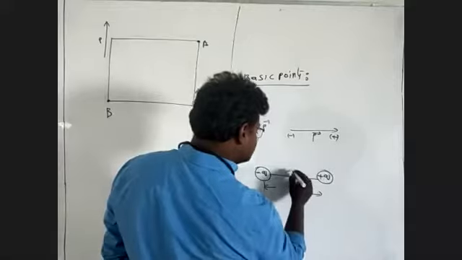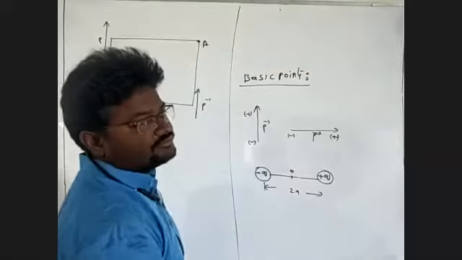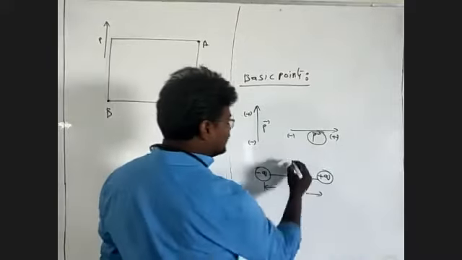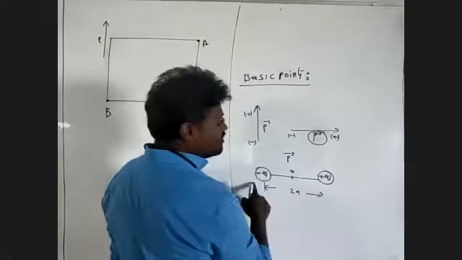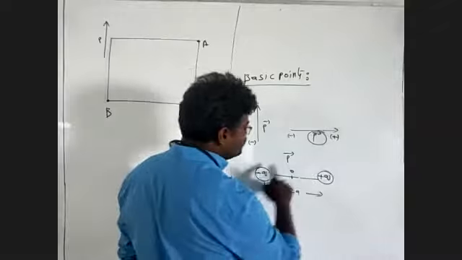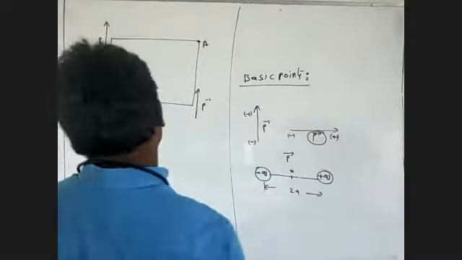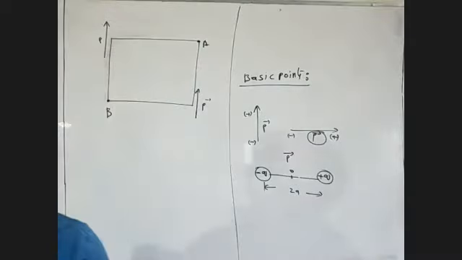This is the center of the dipole. P bar is the electric dipole, and its direction is from negative to positive. That is the electric dipole moment.